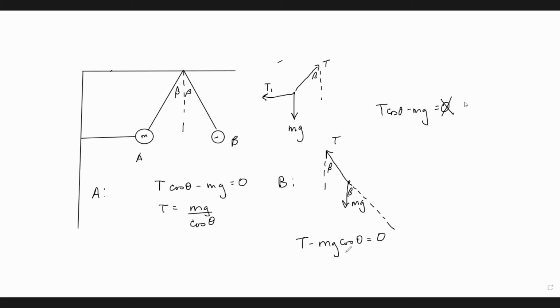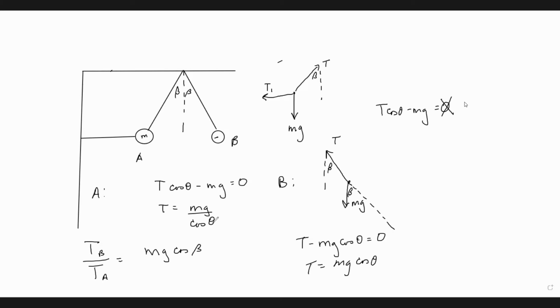Okay. Now, they want the ratio of T in position B to T in position A. Oh, and we got to finish this. So T is equal to mg cosine theta. So T in position B over T in position A is equal to mg cosine, I wrote theta here. I don't know why I wrote that.